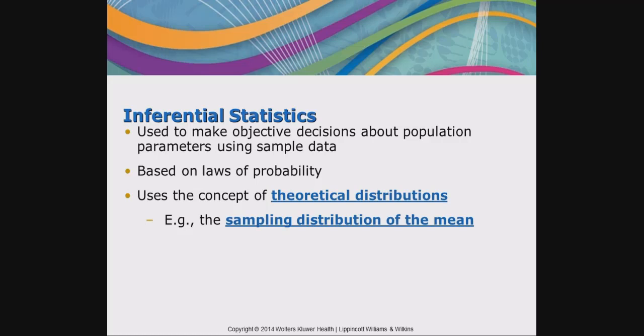And remember, when you're looking at inferential statistics, the sample is chosen as a representative of the population. And so this theoretical distribution is really a phenomenon in which the sample value tends to be normally distributed around the population value. And that again is known as the central limit theorem.